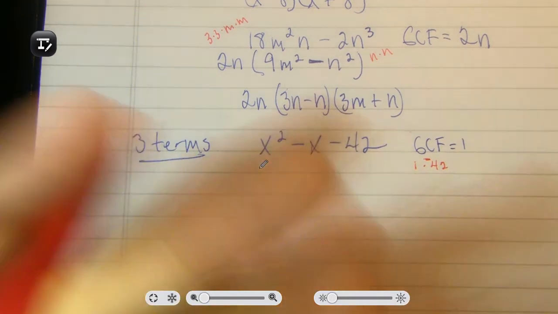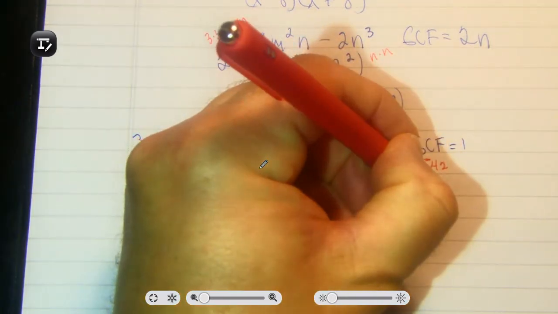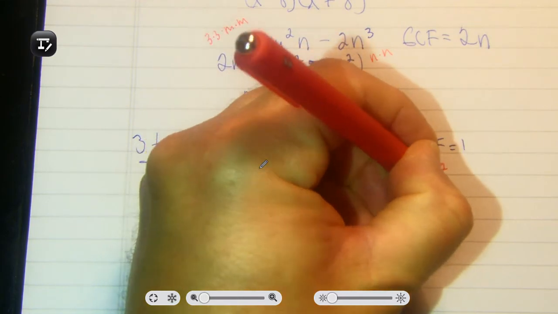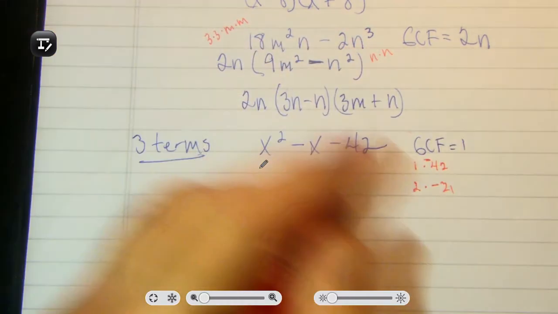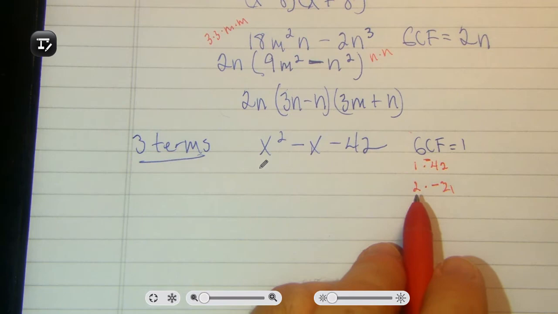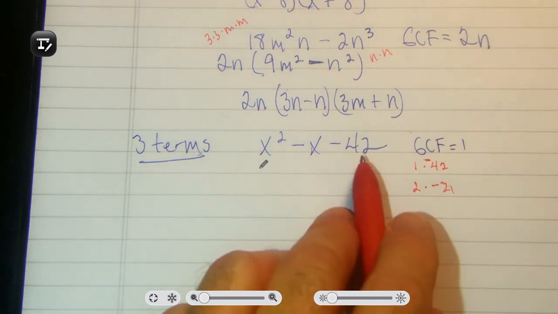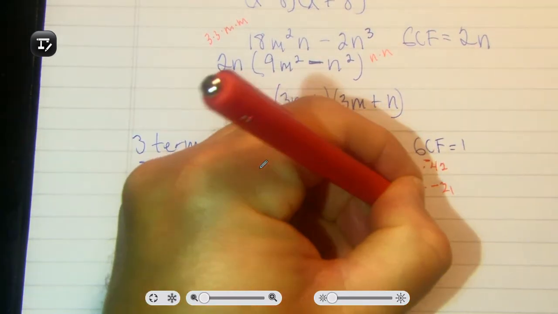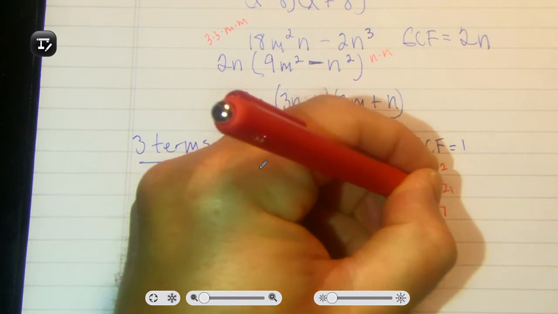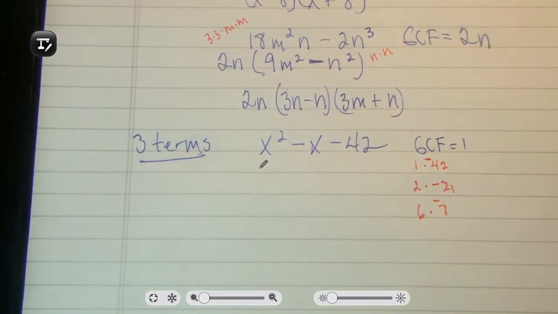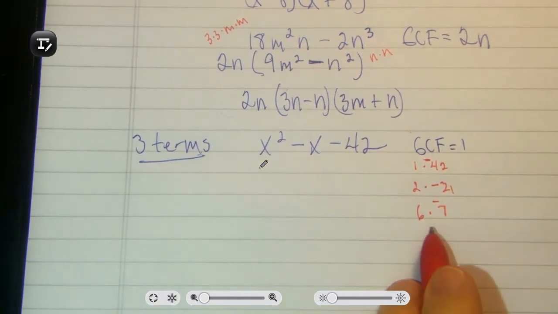Because when I subtract those, I get negative 41. I'm looking for negative 1. So let's keep going. 2 times negative 21. You know, I just happen to know or remember that 6 times 7 is 42 as well.